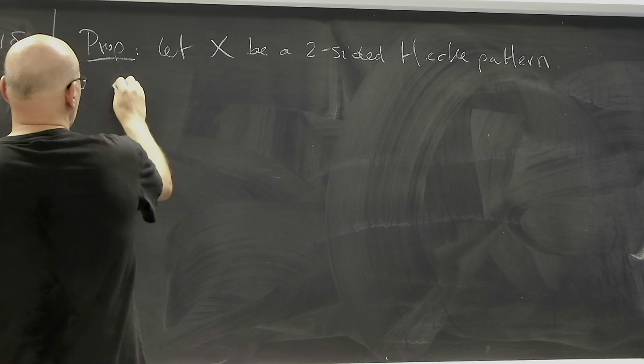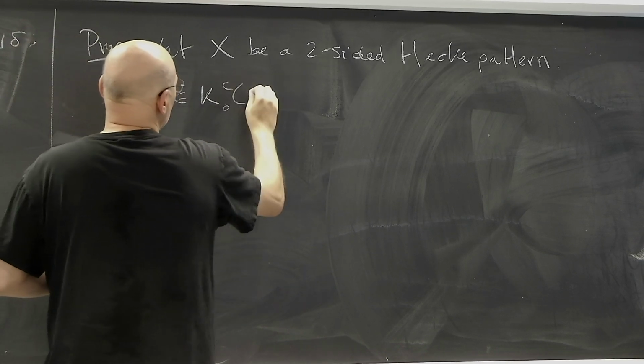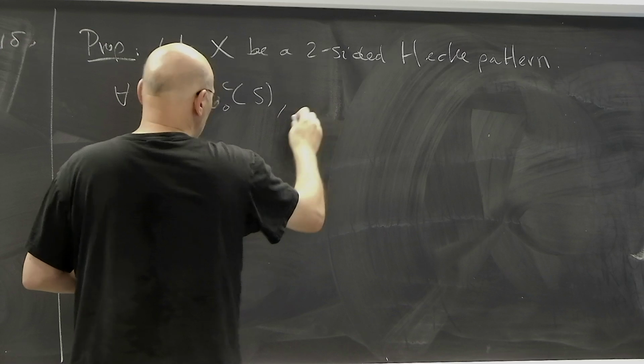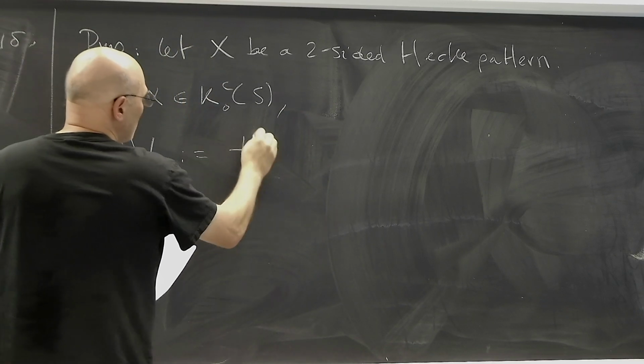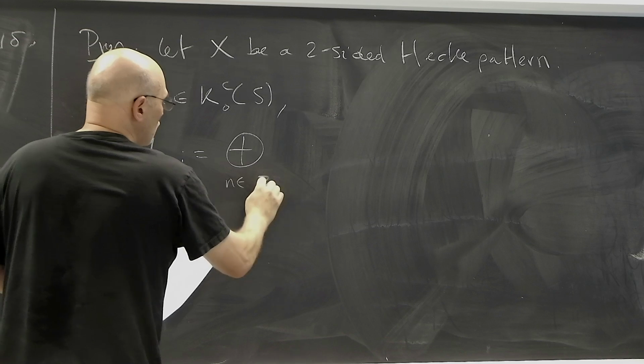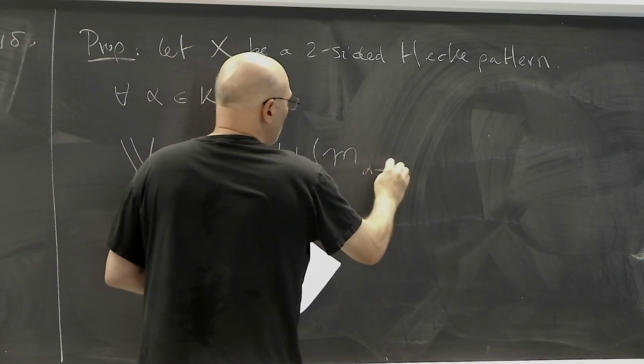Then for any alpha, I can look at V alpha, which I define as the direct sum over all integers of the homology of M alpha plus N delta.